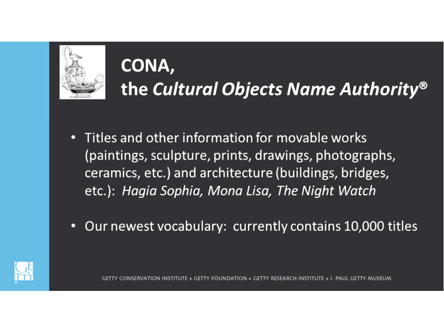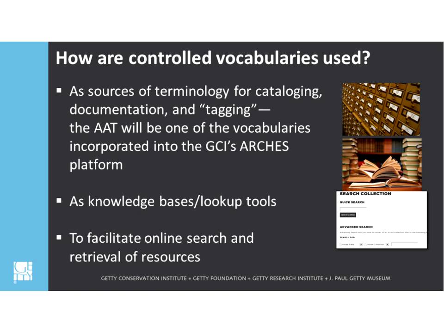Even though we've trademarked the name, we may end up changing the name of CONA over the next couple of years in order to get art historians to use it because they are so resistant to that word authority. And I would welcome some comments or questions on that at the end if we have time.